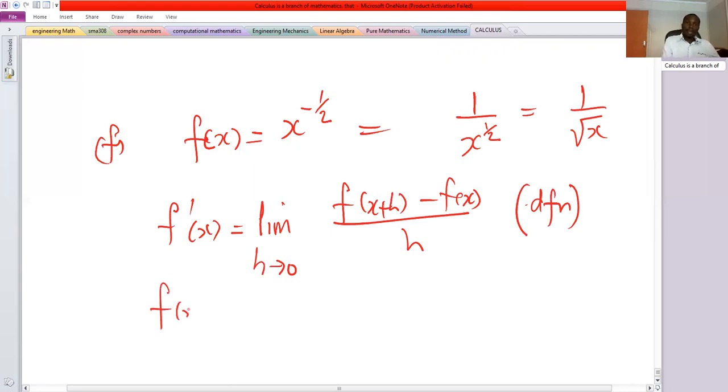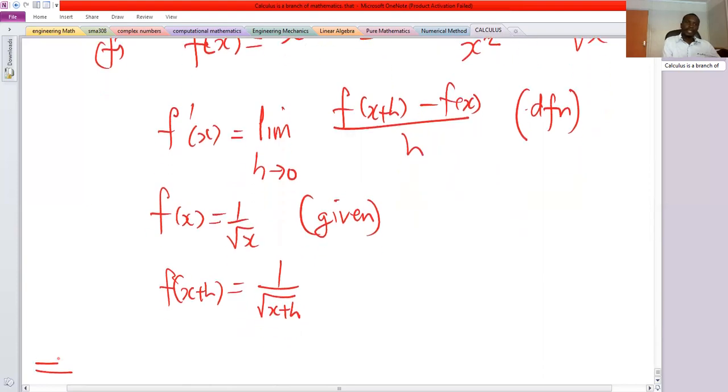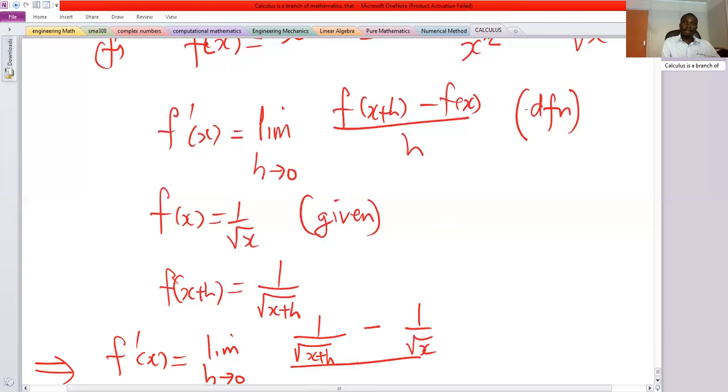So f of x is 1 over root x. This is all given in the question. And then f of x plus h would be 1 over square root of x plus h. So f prime of x is the limit as h approaches 0 of 1 over root x plus h minus 1 over root x, divided by h.